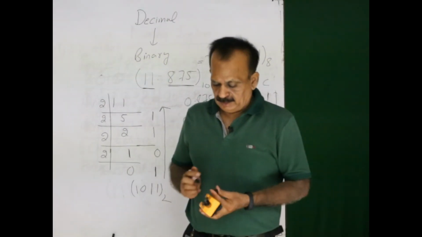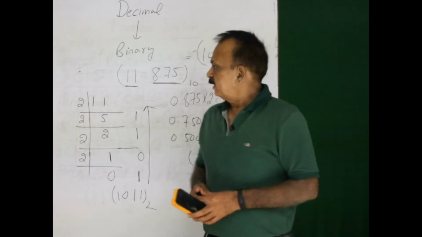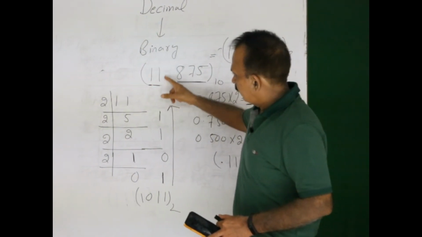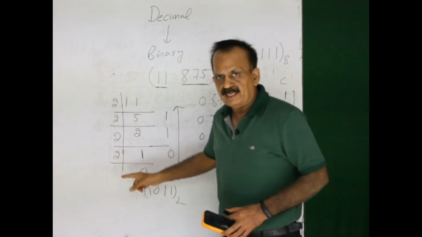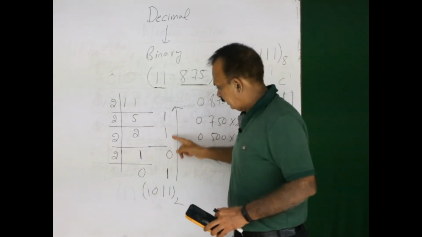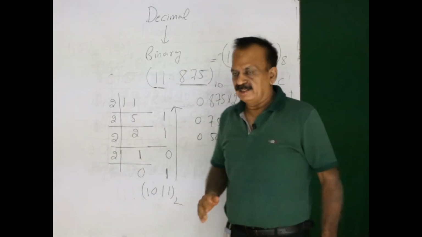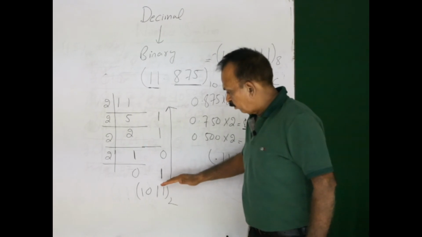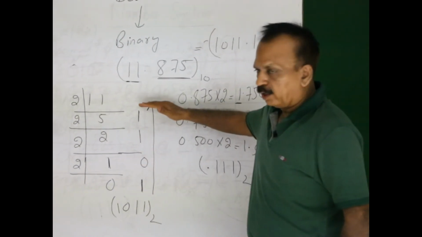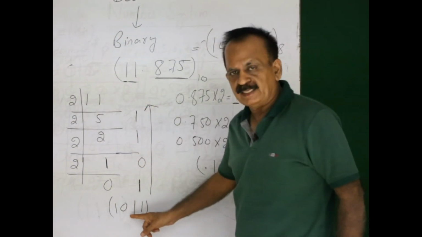So, the process is, for the integer number I divide the number by 2 and write the remainders, and then writing these remainders from bottom to top gives the binary equivalent.